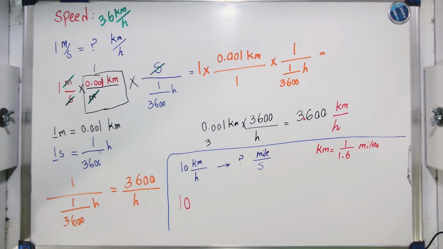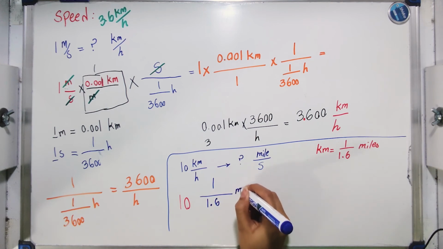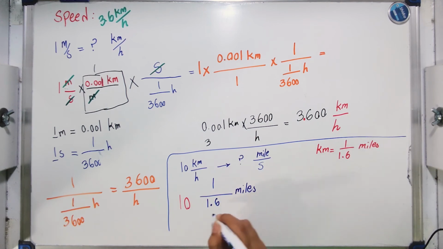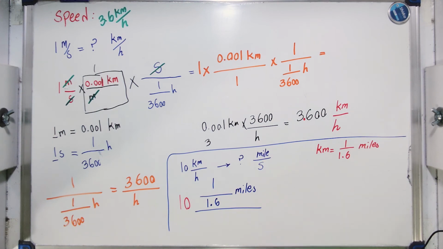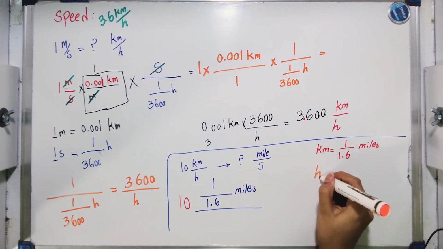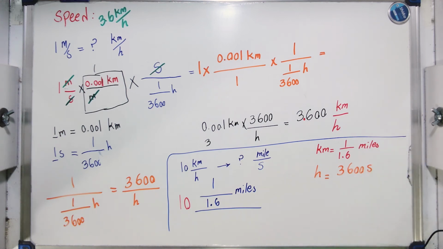So instead of kilometers, I write 1 over 1.6 miles. Instead of hour, write its second value. You know that every hour is 3,600 seconds.